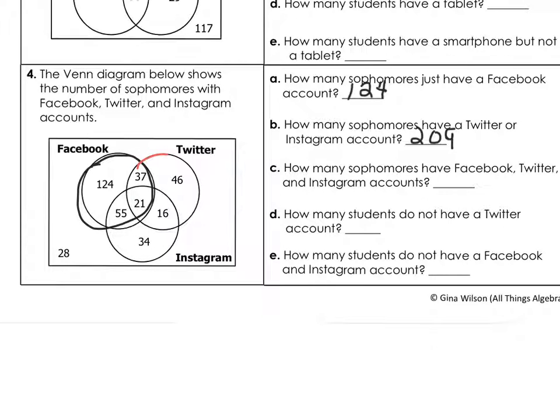We have Twitter and Instagram. Okay, so now we have to find the region that has all three colors because we have an and, so they have to have an Instagram, a Facebook, and a Twitter.